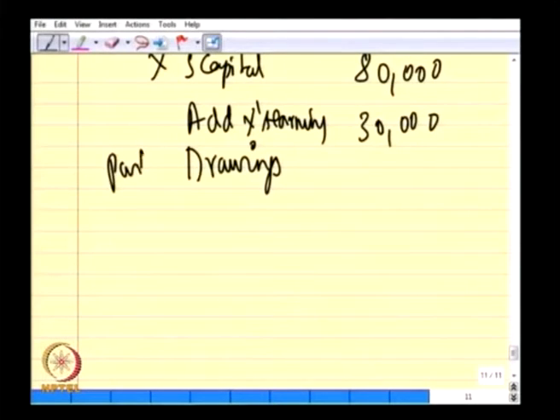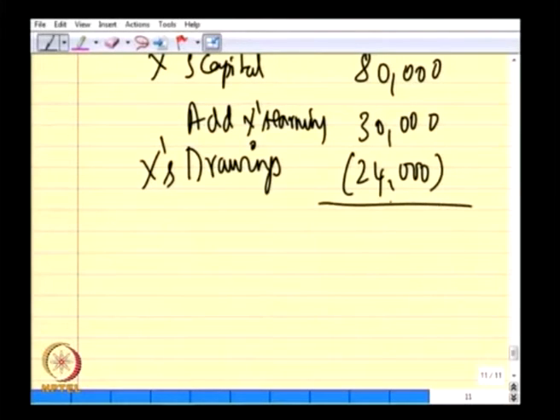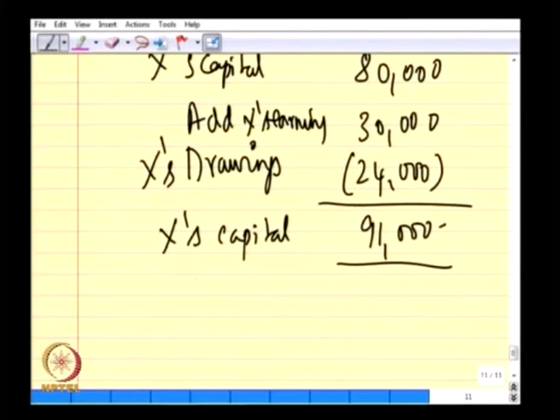So, X's drawing, anything within parenthesis means it is minus. So, what is this 91,000? It is X's capital as on a particular date that we are studying now.